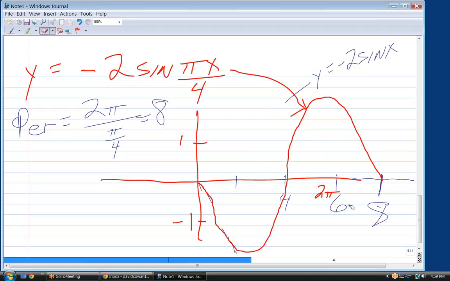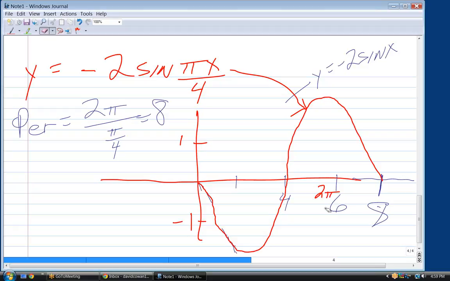I used to draw the thing unphase shifted and then just move the whole thing over by wherever it needs to move. But I think the best way to do phase shifts now is to find your starting point, find your period, find your ending point, and quarter those two points. Yeah, that's what I've been doing.